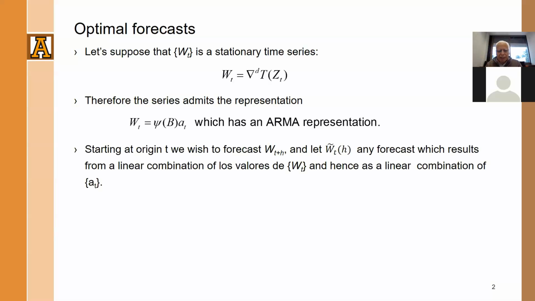Now, let's suppose that we start at origin T. We have a series, we're standing now at time T, and we wish to forecast H periods ahead.